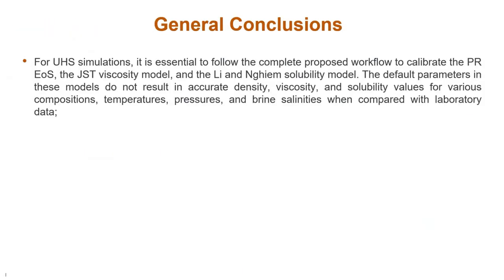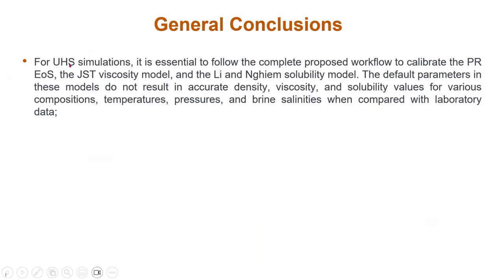And the general conclusions: we could use traditional equations such as Peng-Robinson to predict density, JST to predict viscosity, and Li and Yu to predict solubility. Those are famous correlations and models traditionally used for hydrocarbon mixtures, but we could use them to represent mixtures that are typical in underground hydrogen storage.